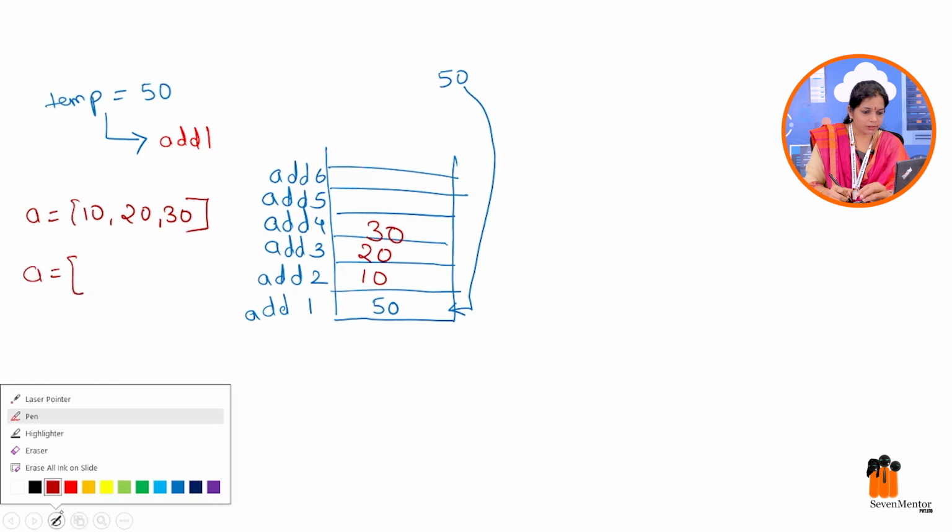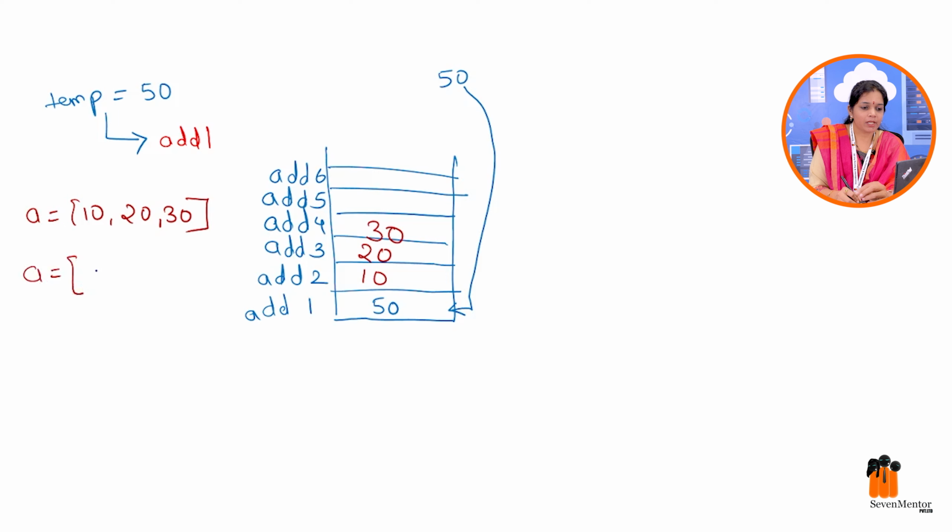See, the address 2: 10 at address 2, 20 at address 3 and 30 at address 4. Clear?